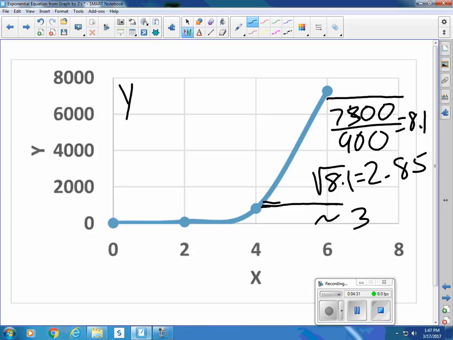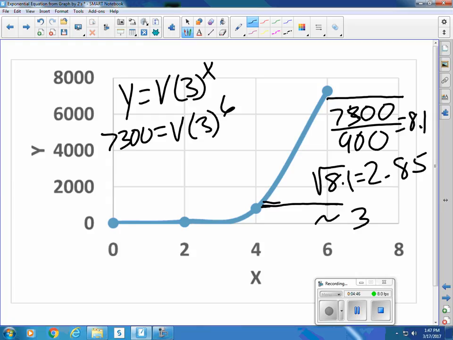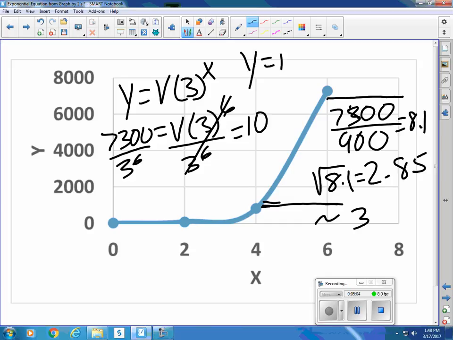So we know y is equal to some starting value times 3 raised to the x. And if I choose this 7,300, that is some starting value times 3 raised to the 6th. So if I divide by 3 to the 6th, then I can solve for the starting value. And the value I get is 10. So the equation is y equals 10 times 3 to the x.